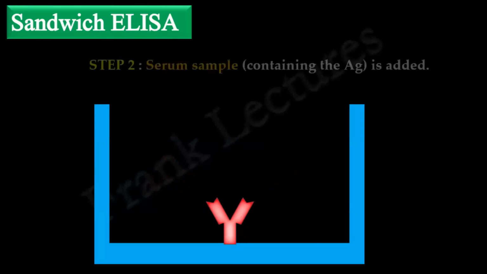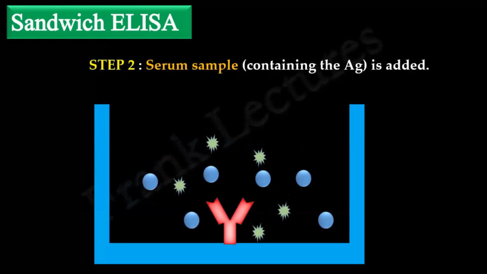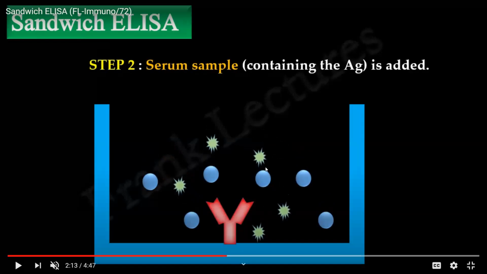After the unbound antibodies are removed, the next thing we need to do is add the serum sample. The serum sample will have the antigen in it. The serum sample containing the antigen will be added to the well where the capture antibody is present. When the serum sample was added, you see several different types of structures present in front of you.